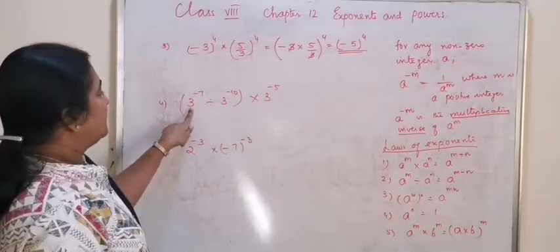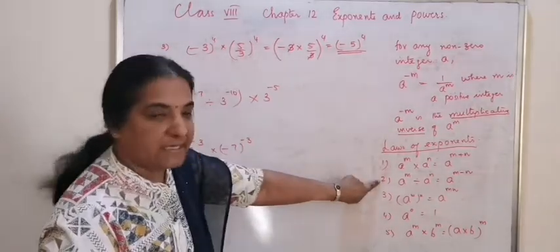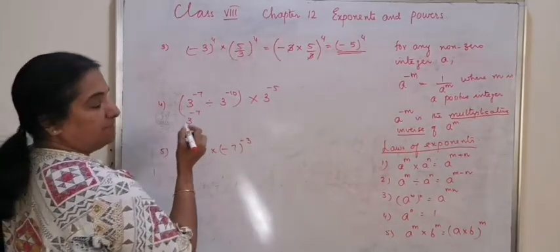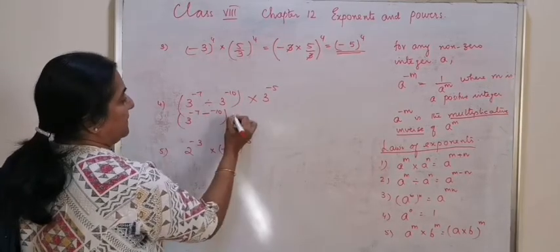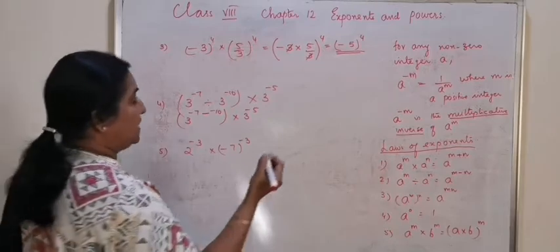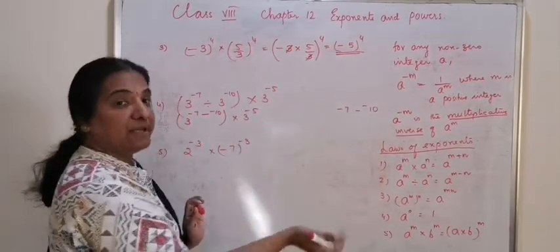Next question. 3 to the power of minus 7 divided by 3 to the power of minus 10. The second law. 3 to the power of minus 7 minus 10 into 3 to the power of minus 5. How do you subtract?